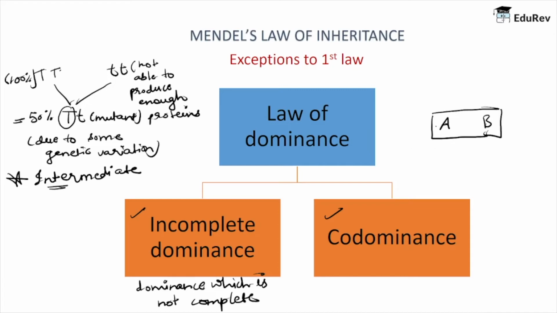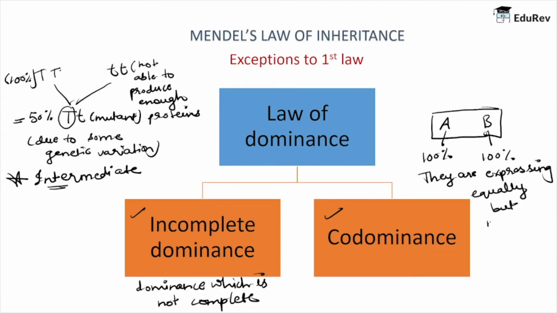This is A, this is B. But they both are able to produce 100% of proteins. Impressive, right? They both are able to produce 100% of proteins. So that is why they are expressing equally, but not dominating.